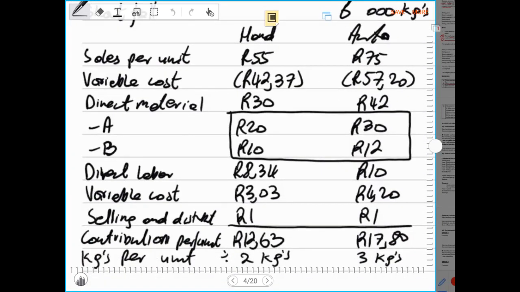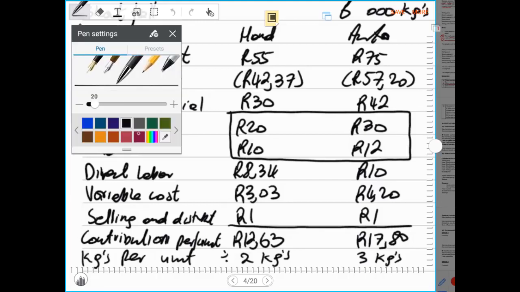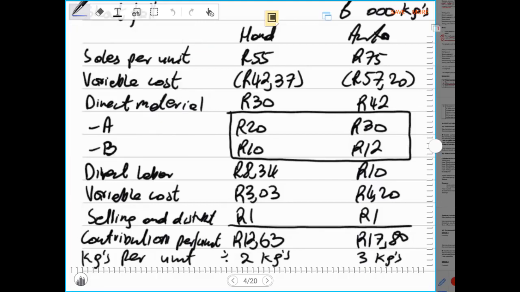If we look at the contribution per unit, the second product is making more profit because it's 17 rand 80 cents, and hand washing powder is only making a contribution of 12 rand 63 cents towards the fixed cost.